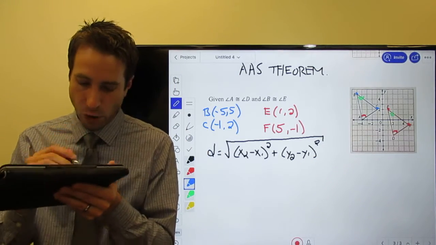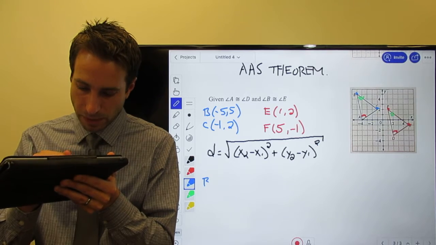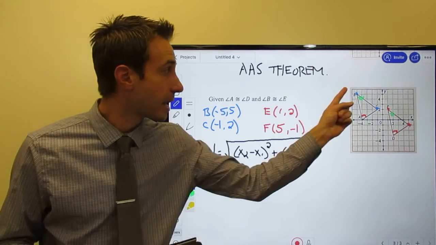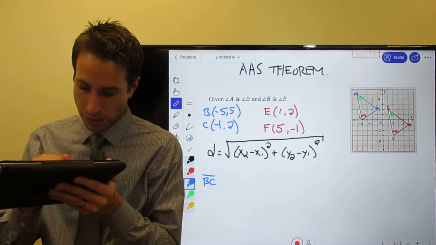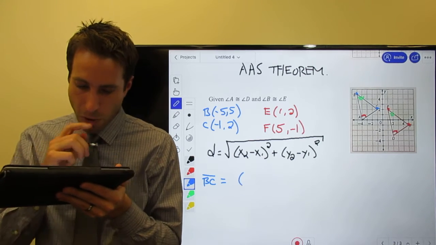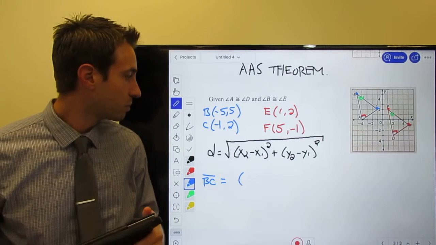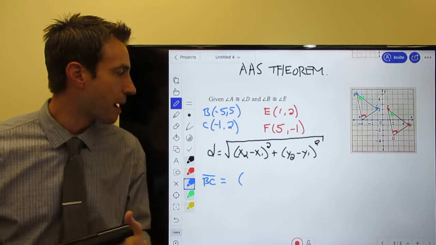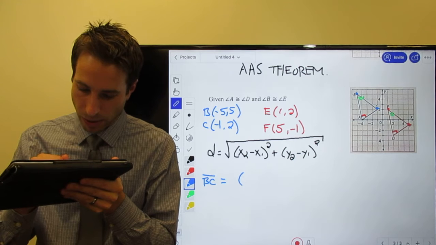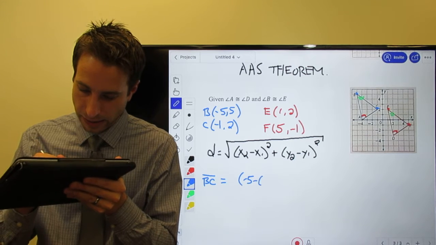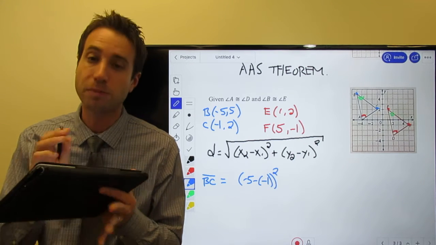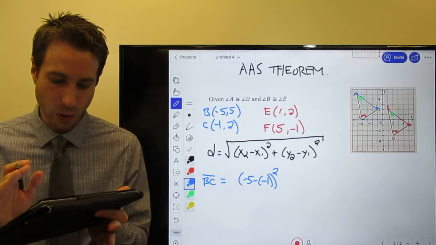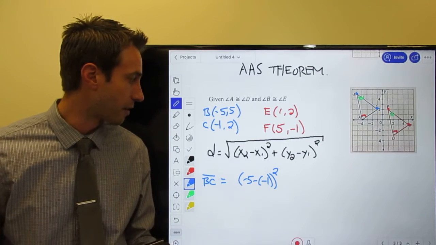Here we go. For my blue line, BC is going to be equal to, let's see here, x2, x1. So -5 minus -1. Please be very, very careful of your minus signs there.